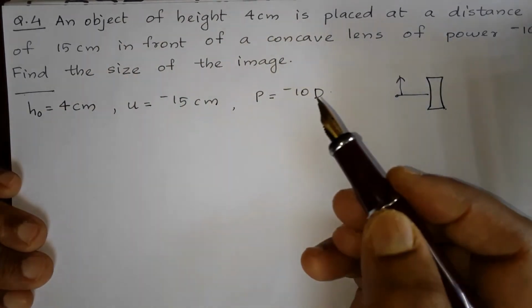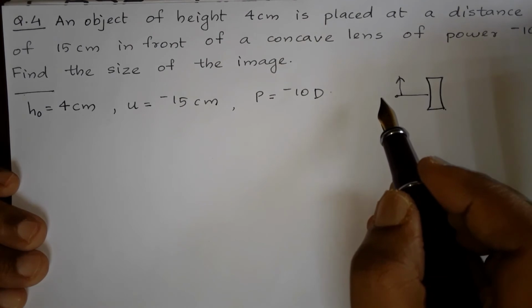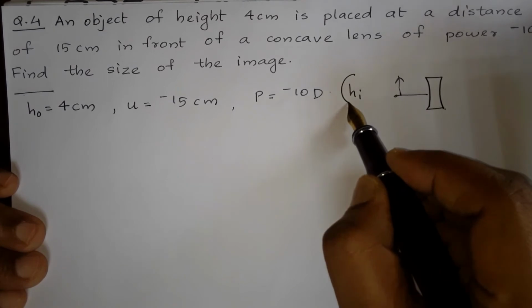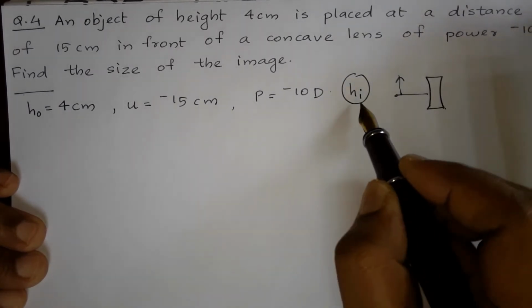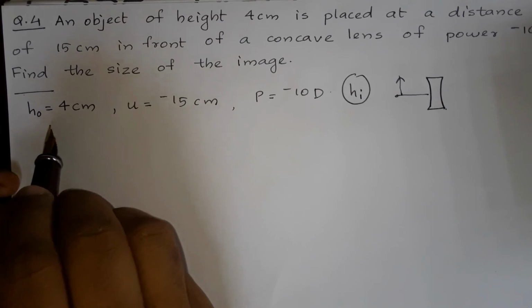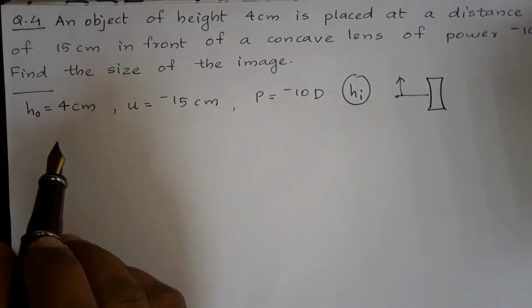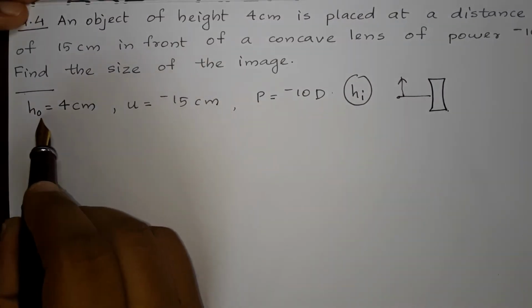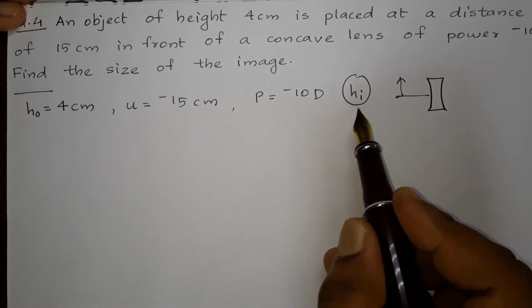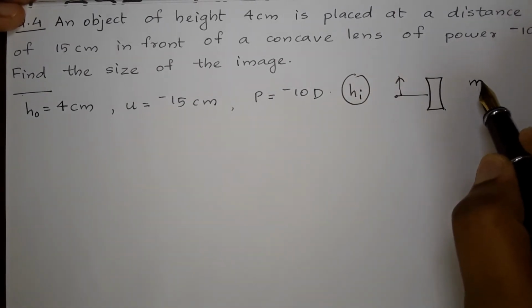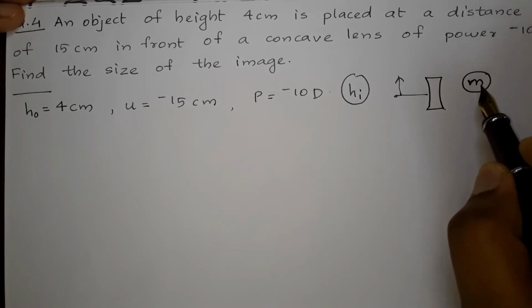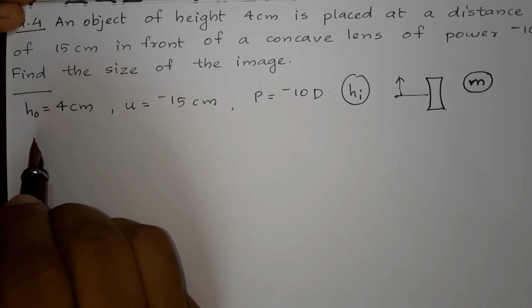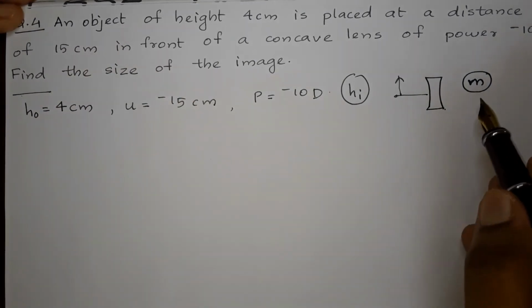Now power is given. P is minus 10 diopter. Find the size of the image. Okay. We have to find size of the image, HI. For that, we got HO, height of the object is given here. From this object size, how can we find the size of the image? We need the magnification. If we have magnification, then we can find HI from HO, right? Now, how can we find the magnification?